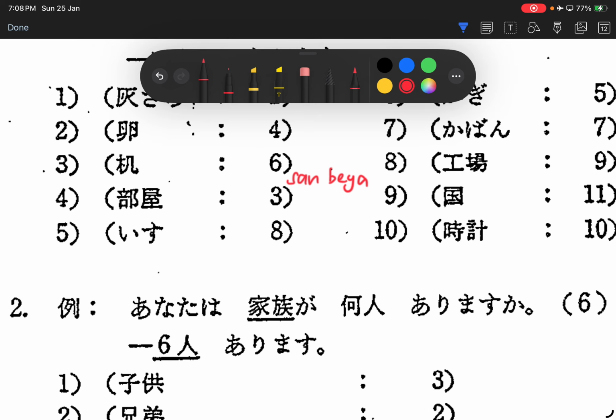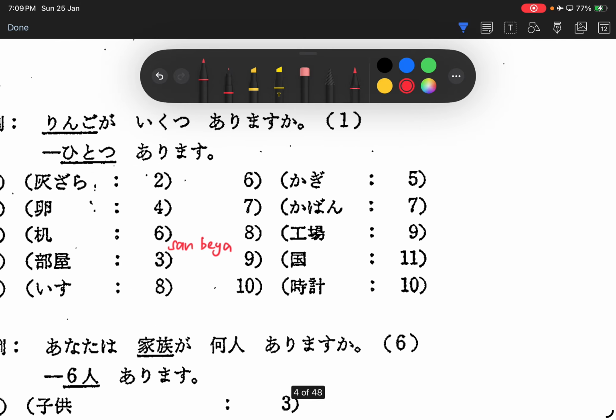The most general one. 8つ. Thank you. 椅子が8つあります. Okay, next one, 鍵, 5.